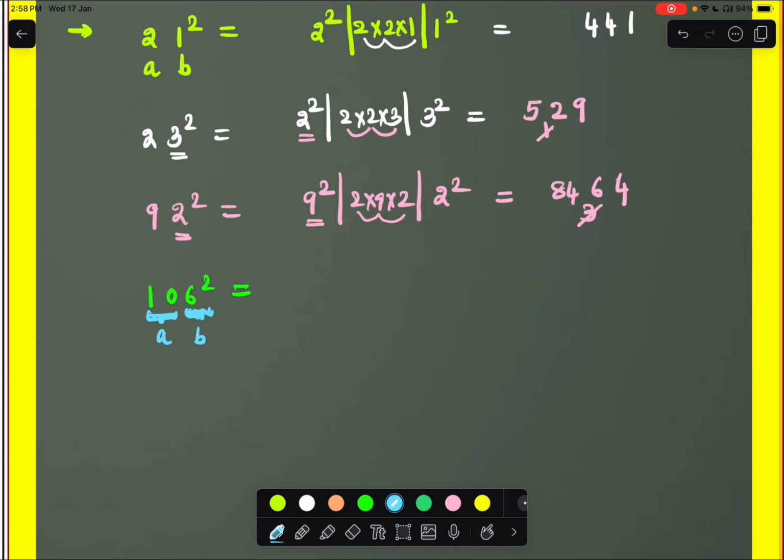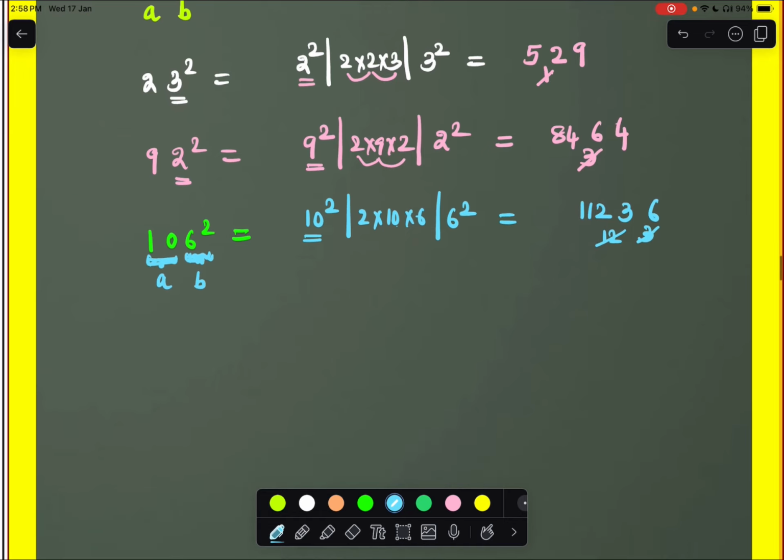So 6 square is 36; 6 is the digit and 3 is the carry. Then 2ab is 2 into 10 into 6, which is 120, plus 3 is 123. Write 3 and 12 is the carry. Then 10 square is 100, 100 plus 12 gives 112. So we get 11236.